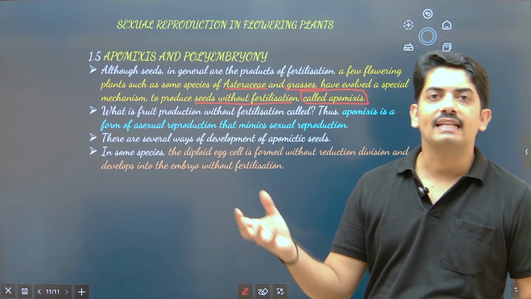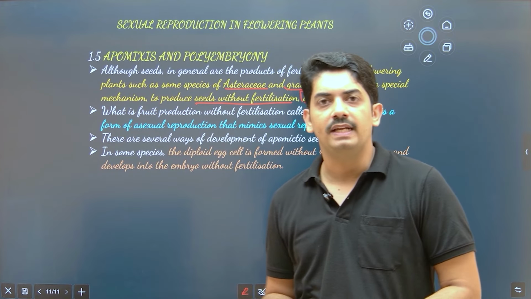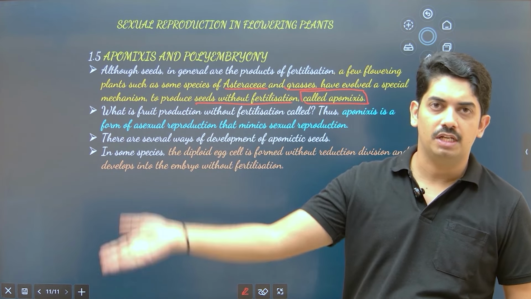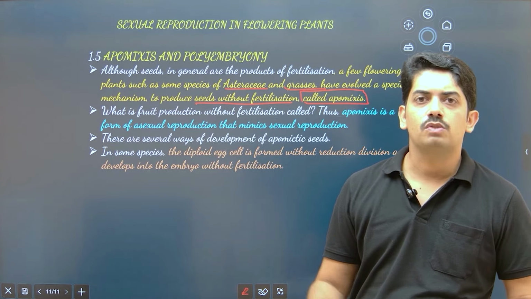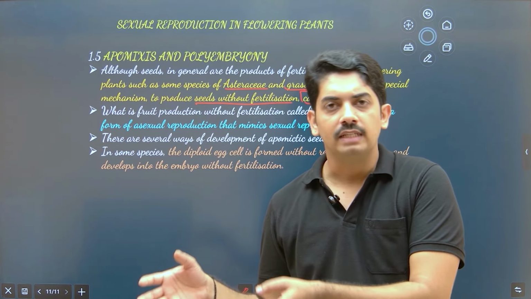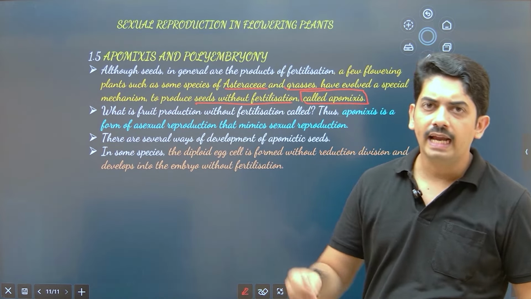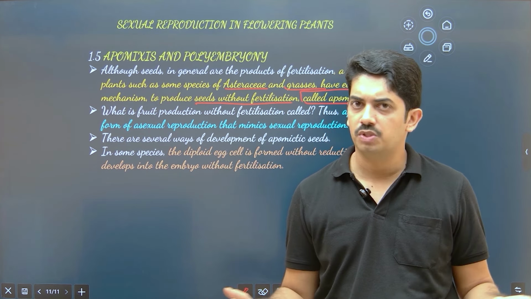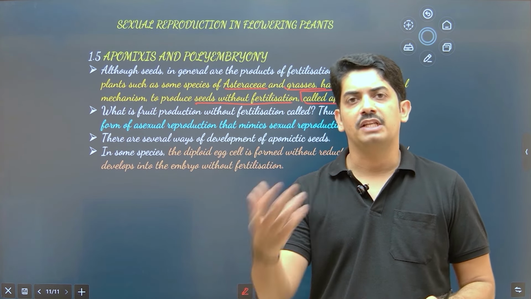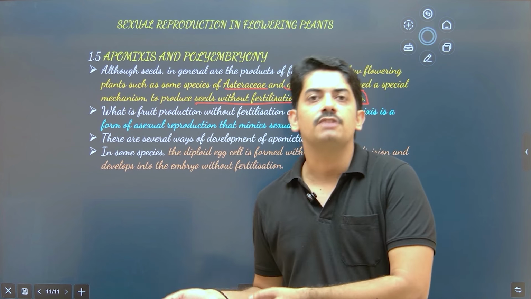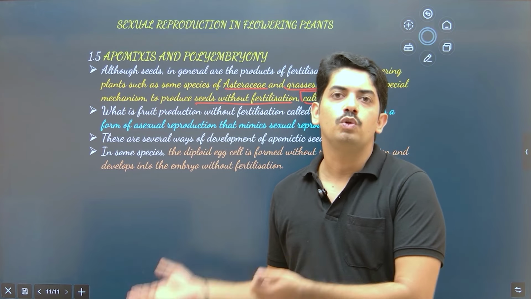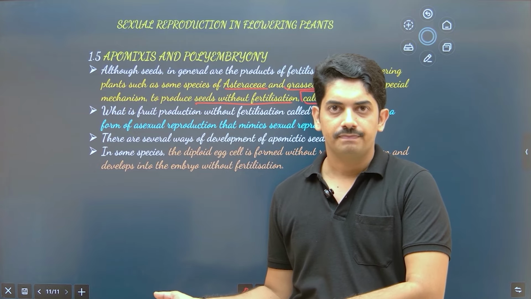Other than that, he can collect the seed from his own field and retain its hybrid character for many generations. Actually, what happens is, once he collects the seed from the hybrid seed banks and sows it in the field, because of cross pollination, all the genetic compositions will be changed, and in the next generation, if we take the seeds from the same plant and sow them in the field, there is a high chance that he loses hybrid vigor.